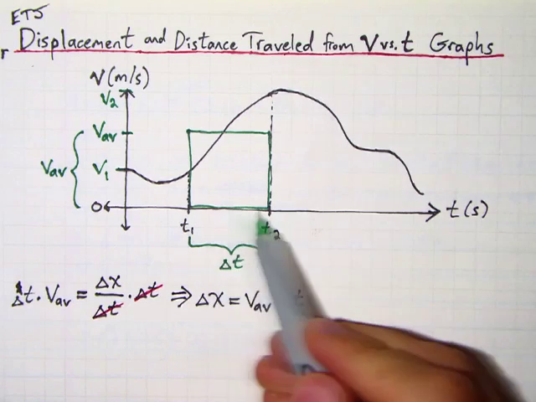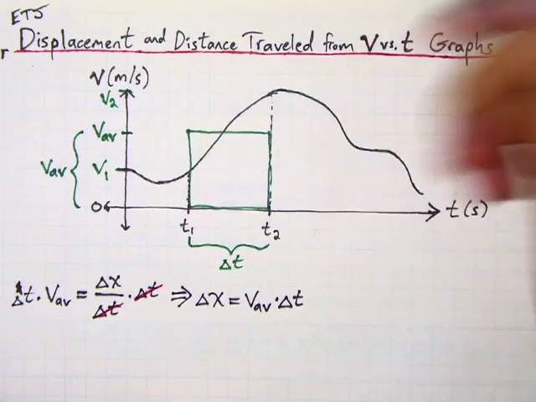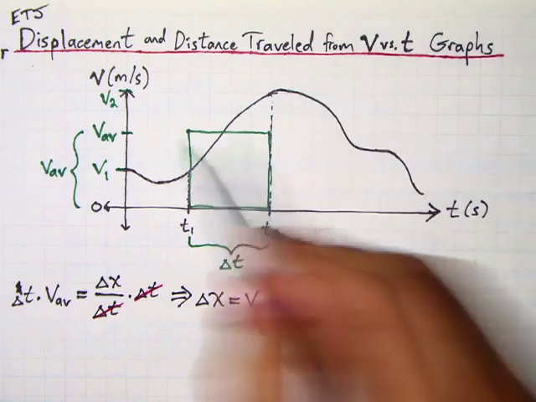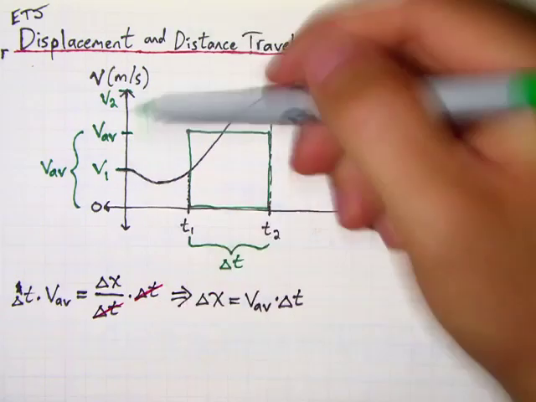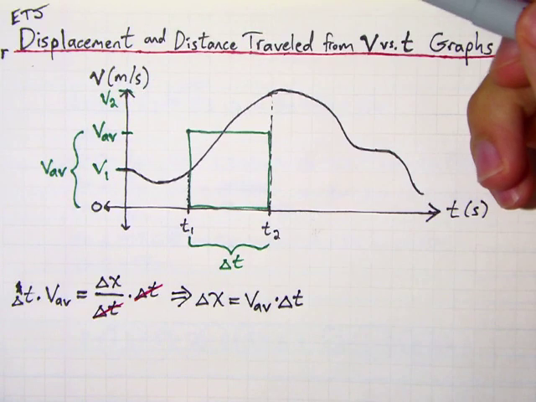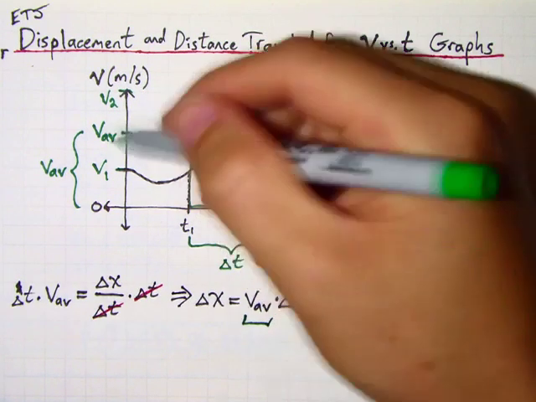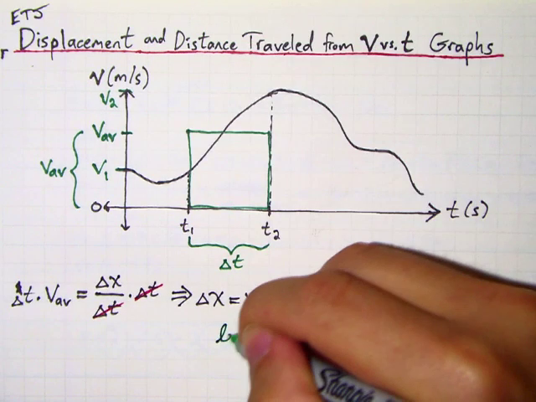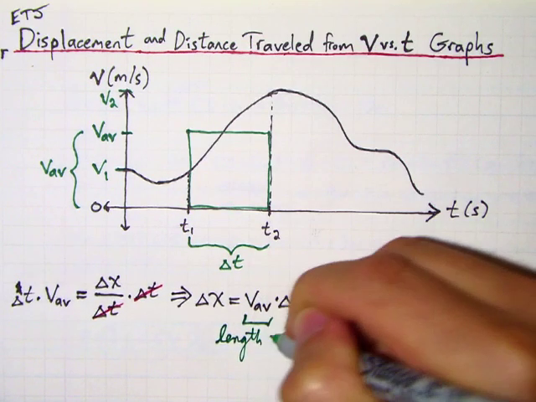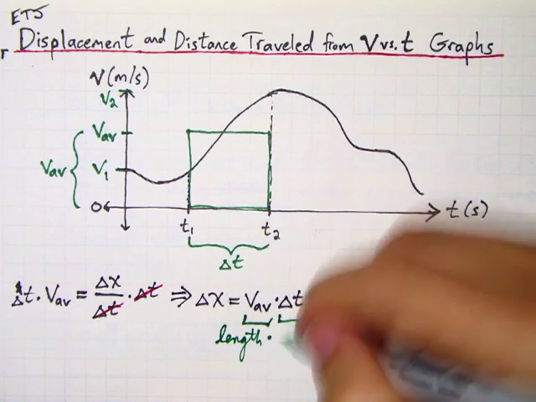It's got a length in terms of seconds and a width in terms of meters per second, but that's okay. I'm saying the top of this box is at the average velocity, which we know is somewhere between the starting and ending velocities.